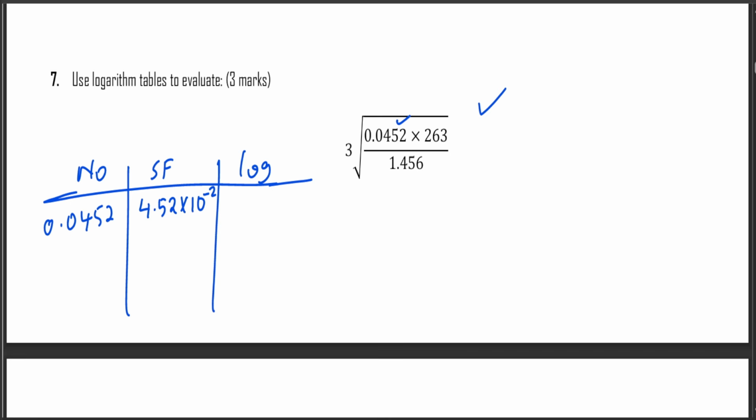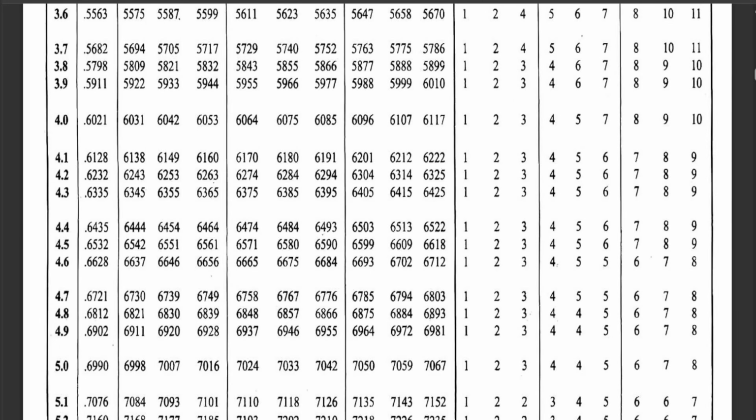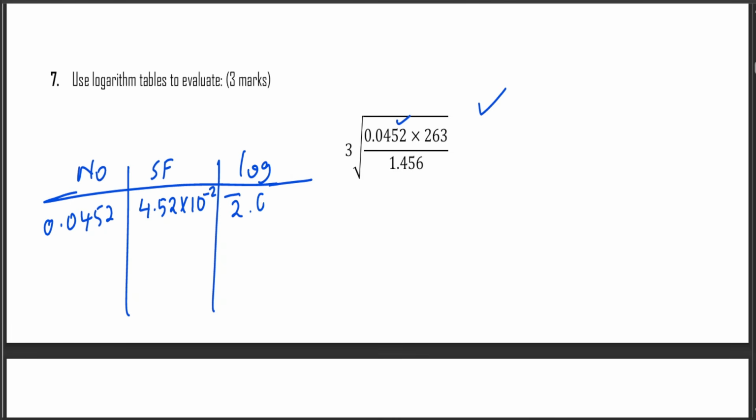Now if you search for the log of that number, you need to start with bar 2 because of that power which is negative 2, and therefore you go to the 4 figure table and look for the log of 4.52. Log of 4.52, 4.5 and 2, that is 0.6551, write 2.6551. The next one is times 263, number 263.